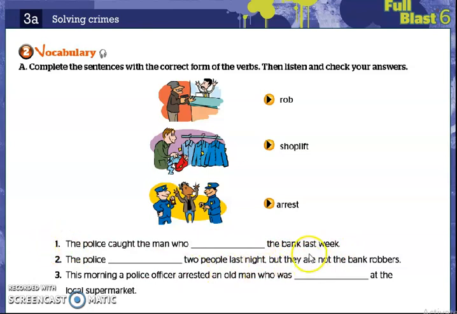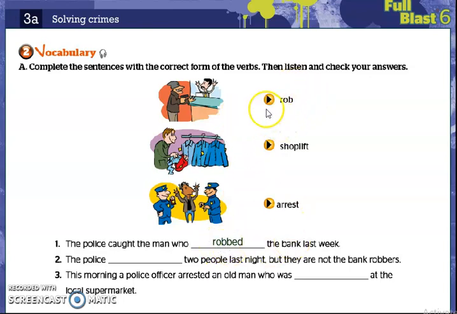This sentence is in the past simple tense because of the words last week, and the second form of the verb catch is caught. So we will answer: the police caught the man who robbed.